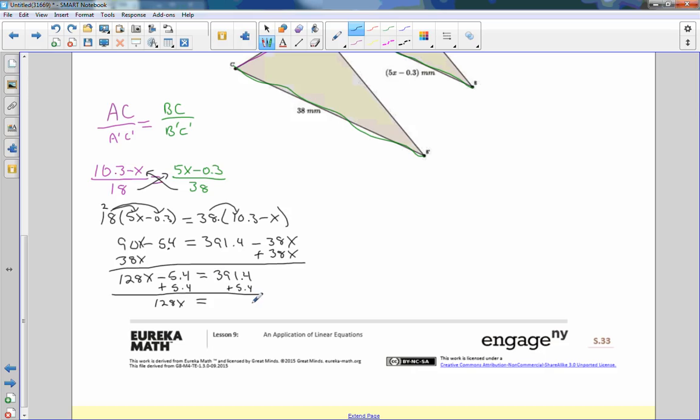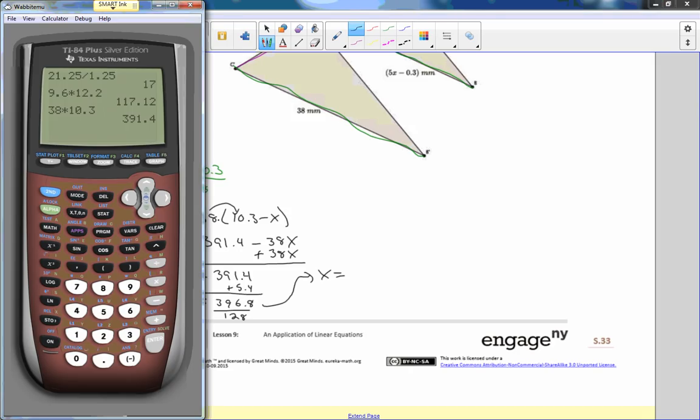Equals 4 plus 4 is 8. 5 plus 1 is 6. 9, 3. So finally, last step, divide by 128. Divide by 128. And I'm going to get x equals 396.8 divided by 128 equals 3.1 millimeters.